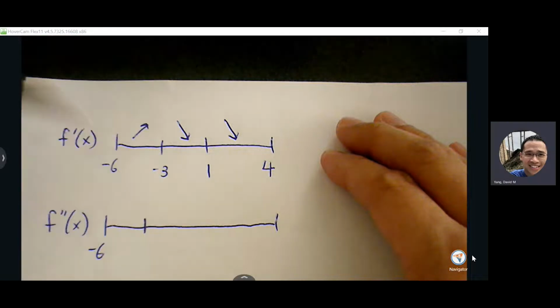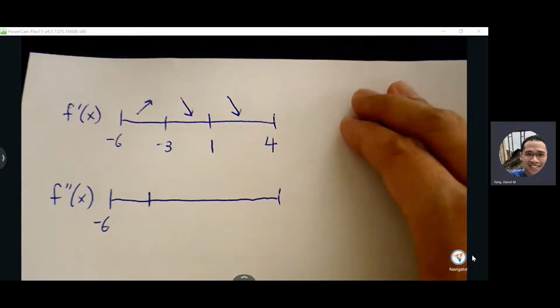So f prime, it's like, this is f double prime here. Oh, f double prime.